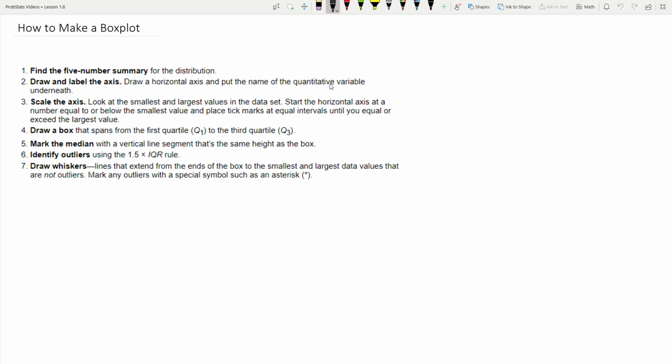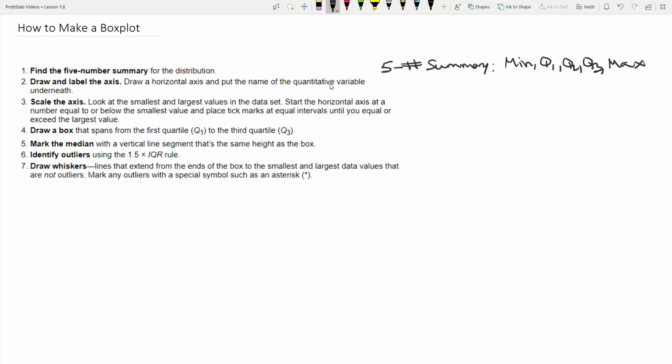So in this case, you're going to find the 5-number summary, which again we mentioned were those 5 numbers.